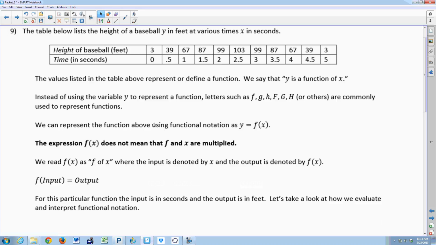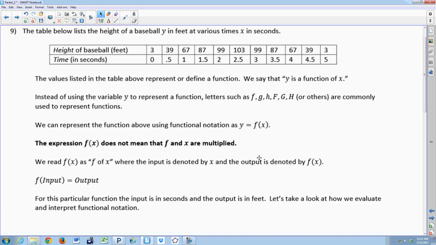When we use function notation, y, which is typically your output in your ordered pair, is now going to be the same thing as f of x. And notice how I just read that: f of x. It doesn't mean f is being multiplied by x, which you learned when you first started algebra, because you learn that when you have parentheses between two letters, it means multiplication, but not when we talk about functions.